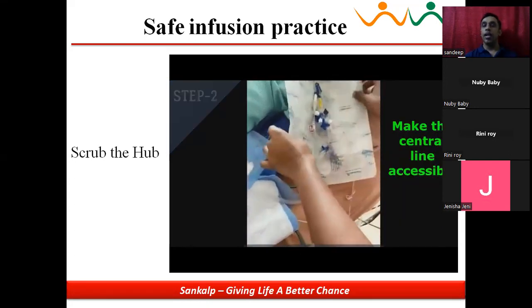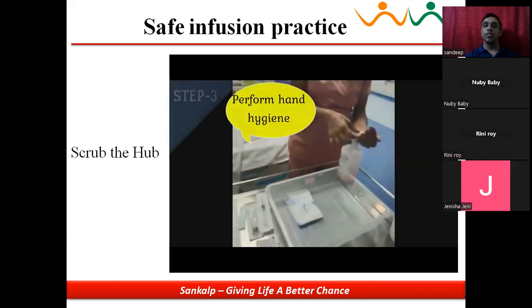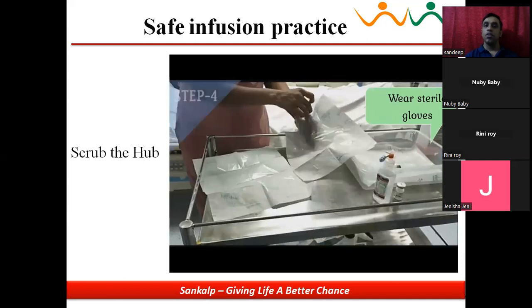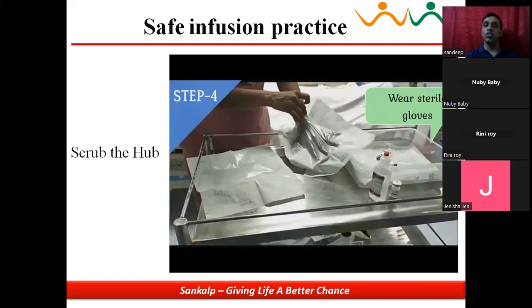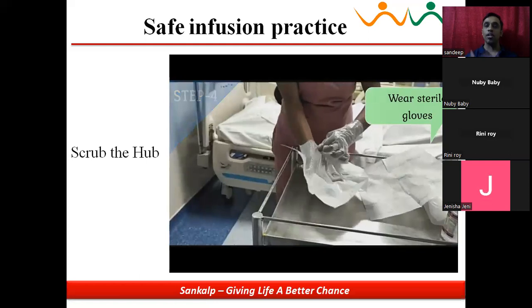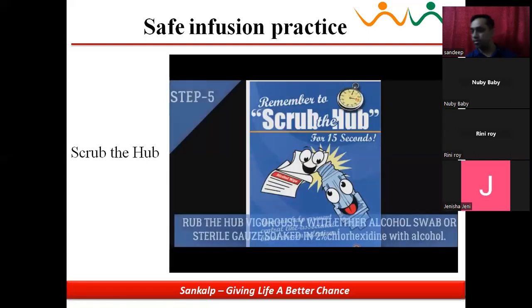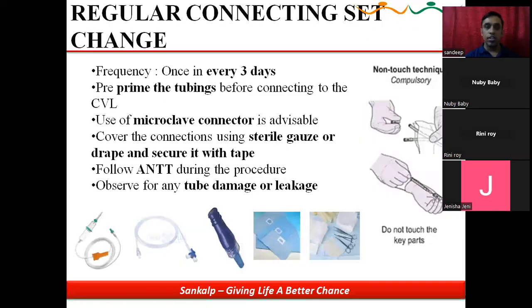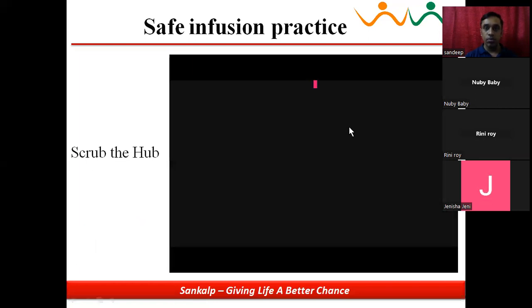After opening, again we have to do hand wash. Wear the sterile gloves. The glove techniques are very important. When you're wearing the gloves, you're not supposed to touch every area. Sorry, I have to play that video again.